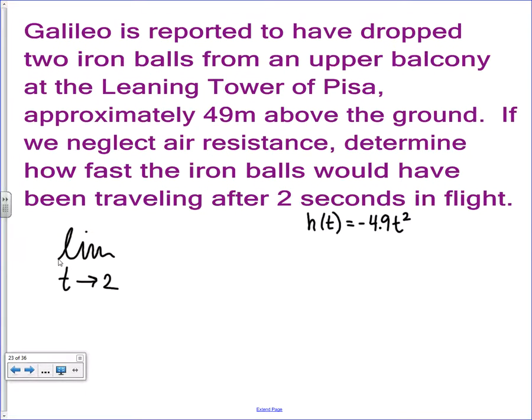But what is their initial height? 49. So there's my function. I also will need to know at what point I have for time of 2. So at time 2, how high will those objects be off the ground?